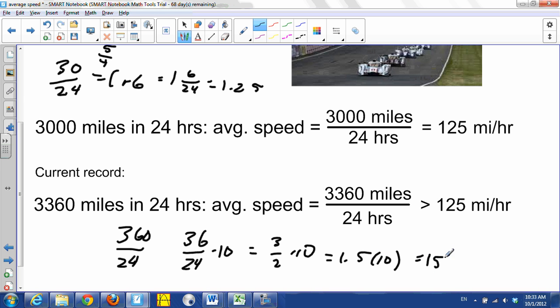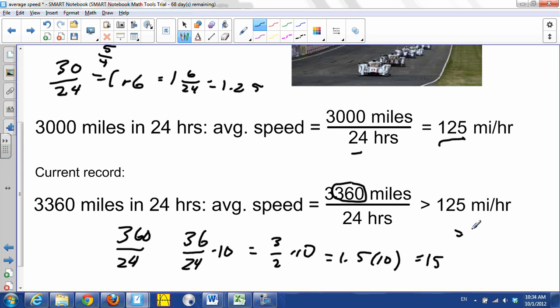So 15 miles per hour more than 125, because I was seeing how many more 24s I have in that extra 360. Up here, this says I have 125 24s in 3,000. Well, I've got an extra 360, which is 15 more 24s.